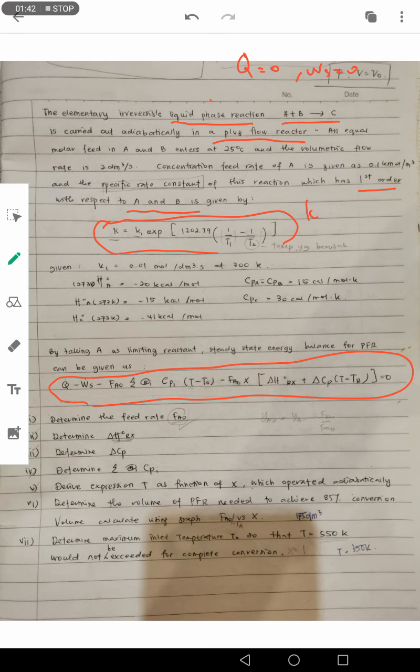Sebab kenapa? Sebab untuk topik ni temperature adalah berubah-ubah. Okay, and dia bagi given the specific heat reaction at 300K is equals to 0.01. So dari sinilah nanti you boleh guna teori yang ni untuk cari nilai K yang ini.